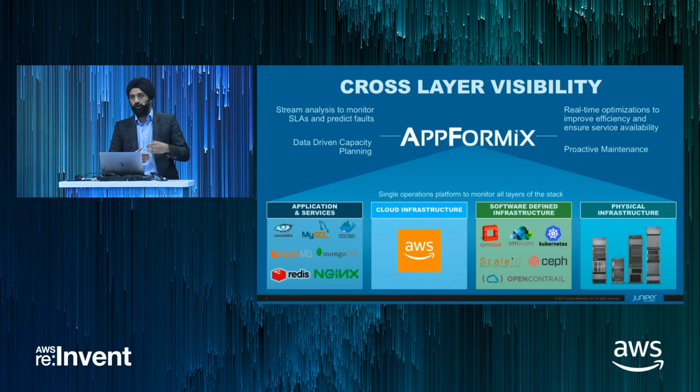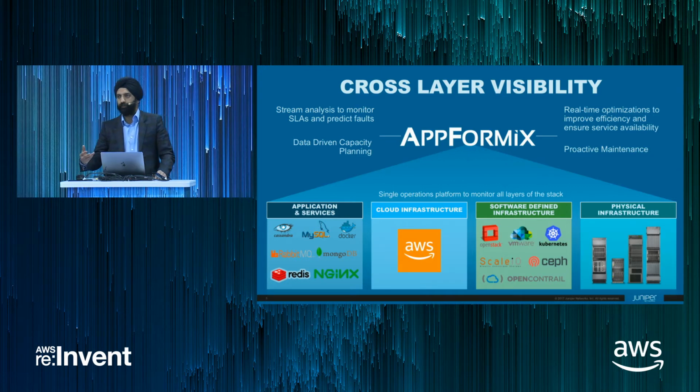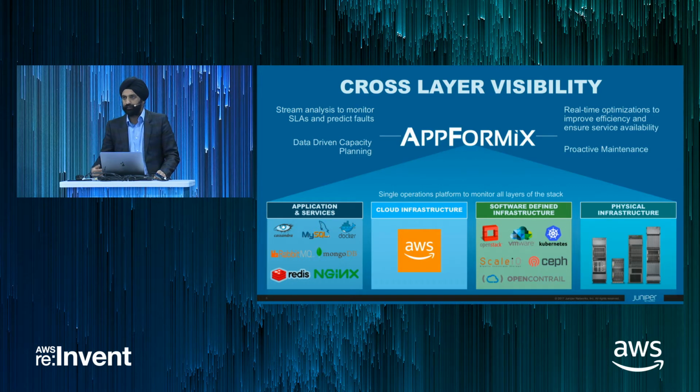Telemetry from all these layers of the stack flows into AppFormix, and then within AppFormix, there's the real-time machine learning, the predictive analysis that's constantly informing you what's the operational state of each component of the infrastructure at each layer of the stack.